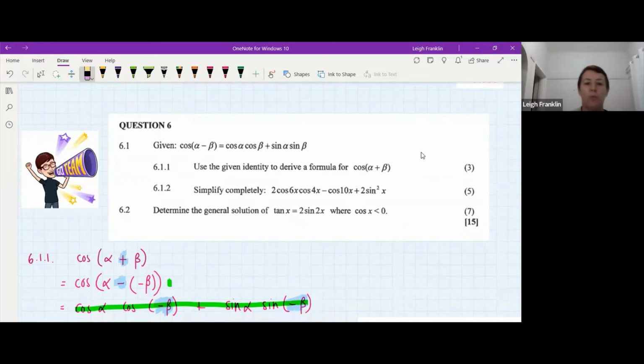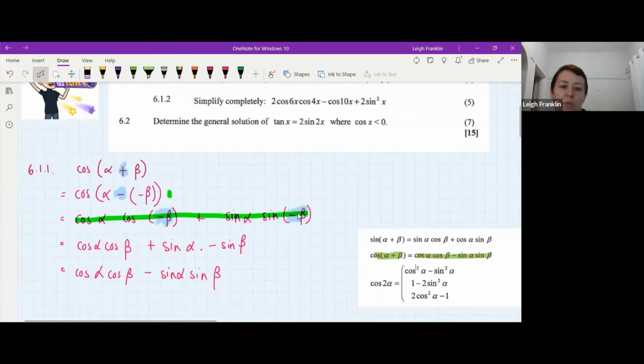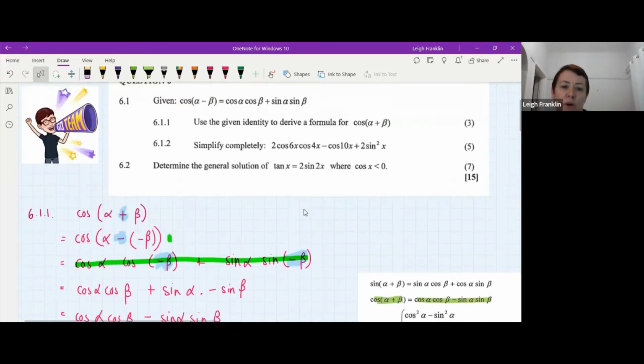Question 6.1.2 now, they are asking us to simplify completely. All right, so if we have a look at what they've given us, we've got 2 cos 6x cos 4x minus cos 10x plus 2 sine squared x.